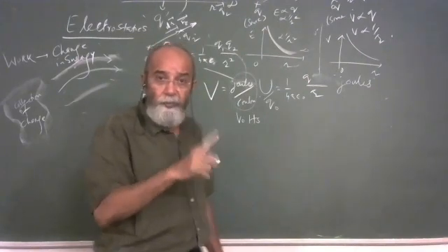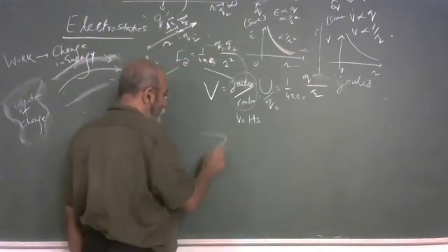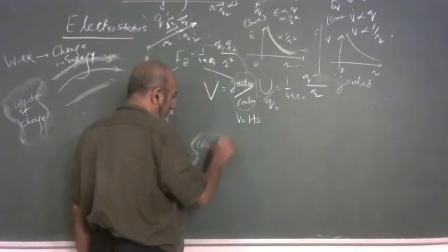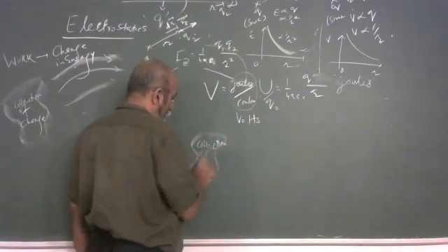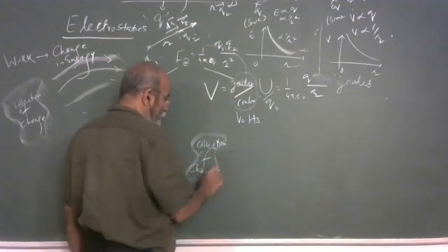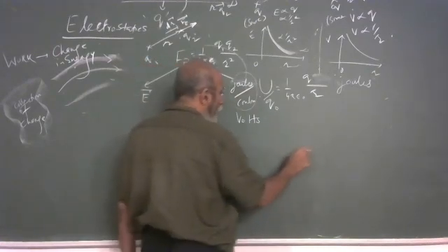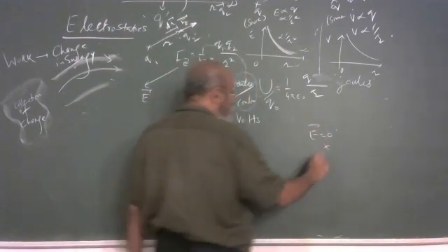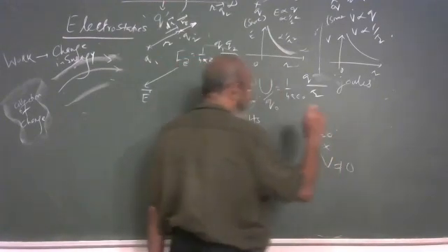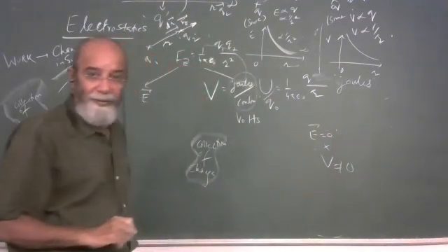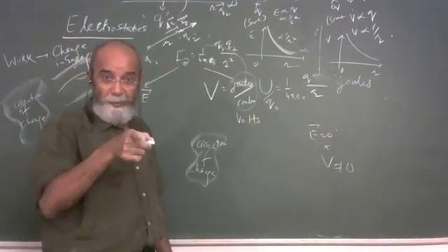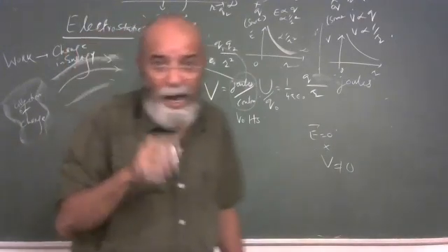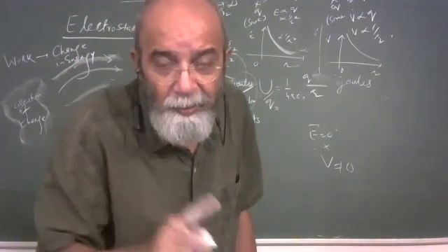E for a charge or a collection of charges: at some point E became 0, but V was not 0. Possible. You can be asked this question.